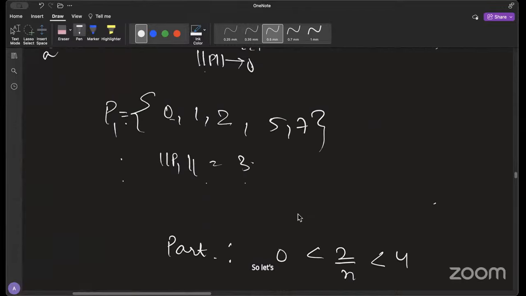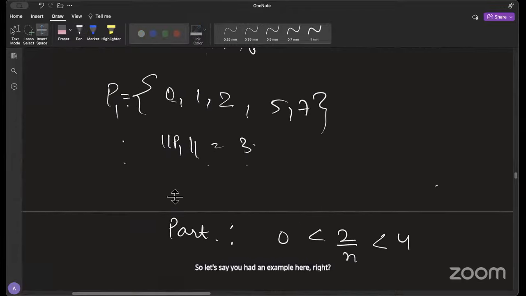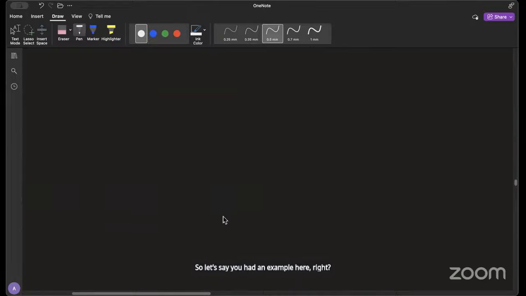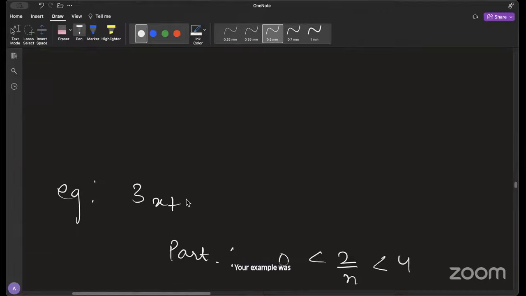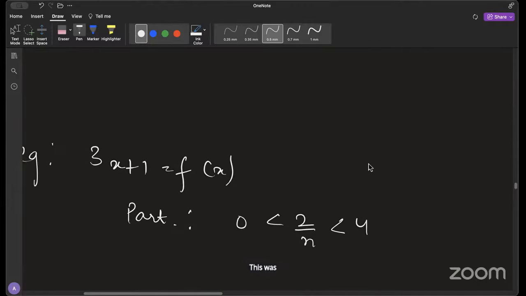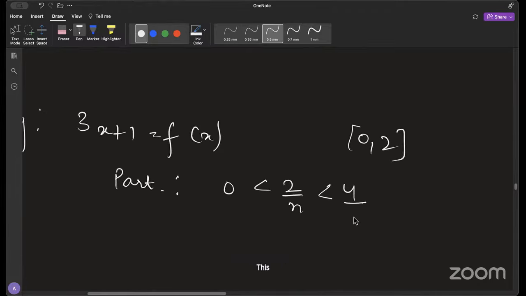So let's say you had an example here, right? Your example was 3x plus 1. This was your function. This was the partition. Your interval was from 0 to 2. This was 2 by n, 4 by n, 6 by n.